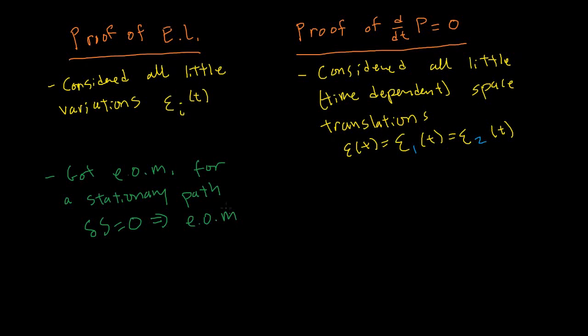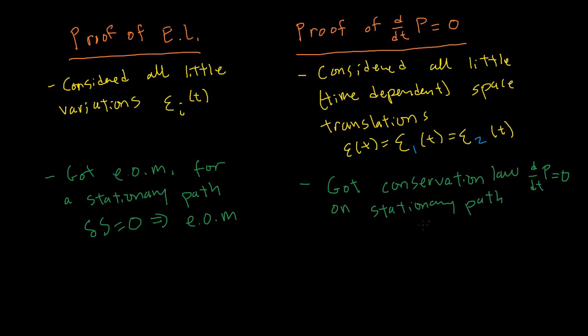But here, we got a conservation law, d dt of the momentum was equal to 0 on stationary paths, right? So here, delta of s equal to 0 gave us d dt of p equal to 0.